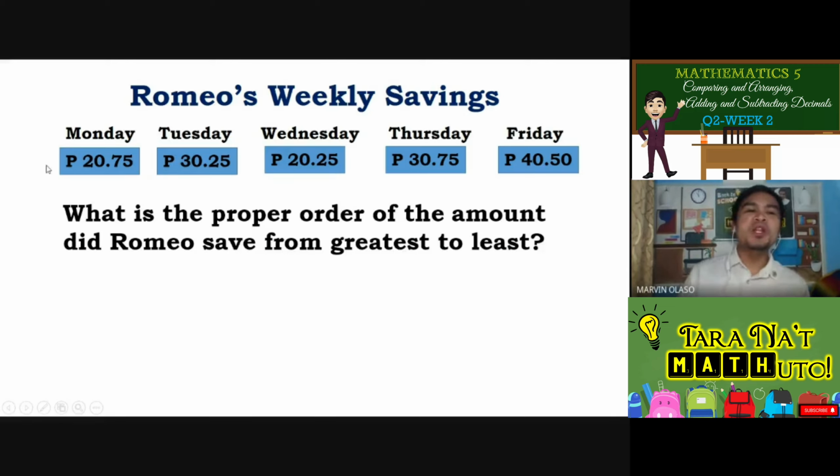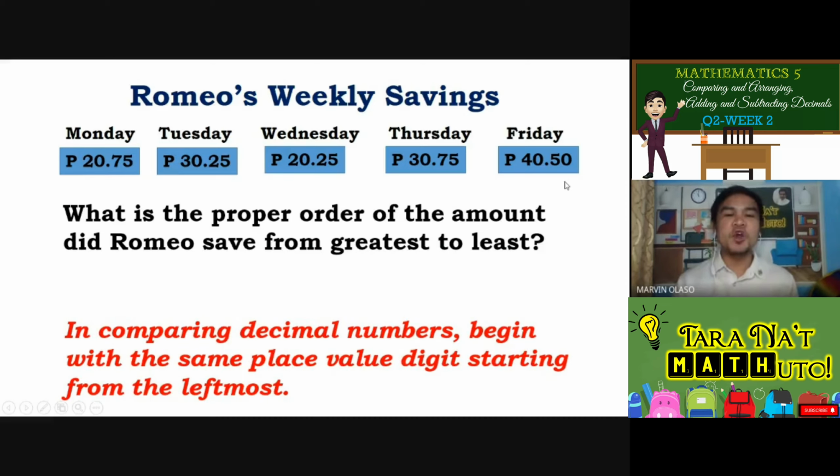So we will look for the greatest. We answered already a while ago, which is the greatest value we have. Again, in comparing, look for the whole number and tens place, hundreds place, thousand, and so on. So the greatest value is 40 pesos and 50 centavos.